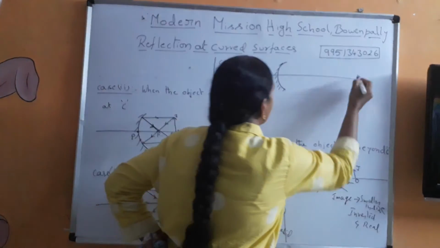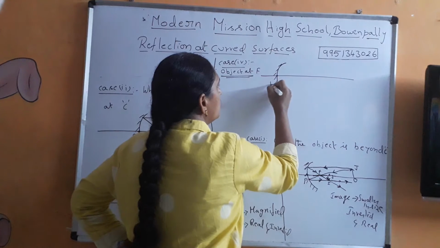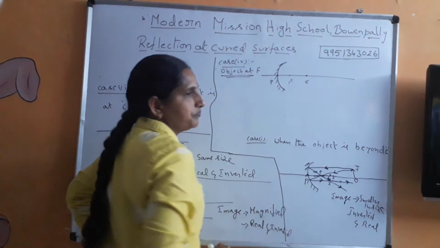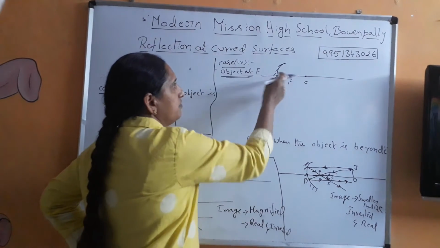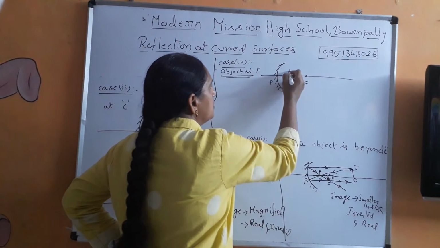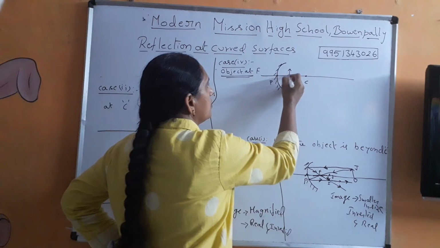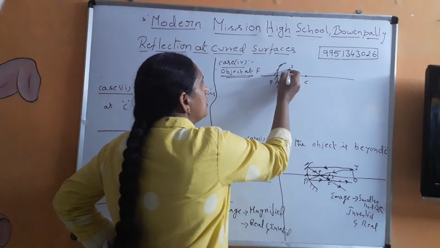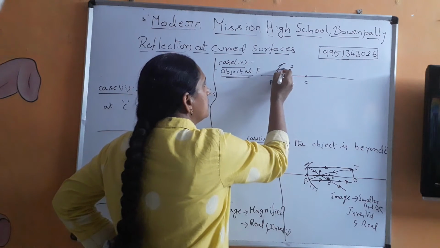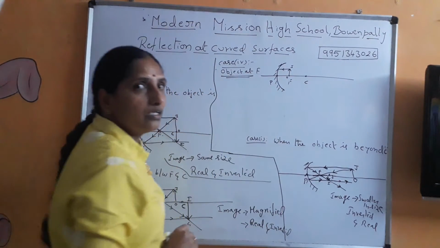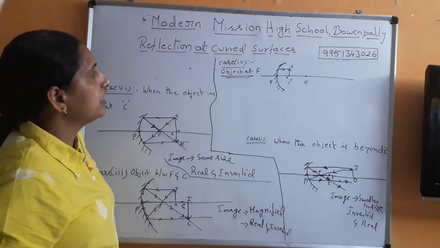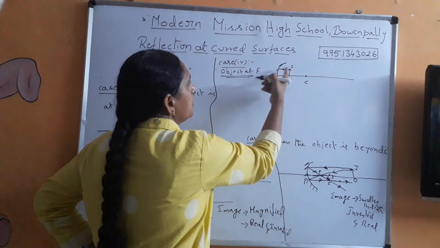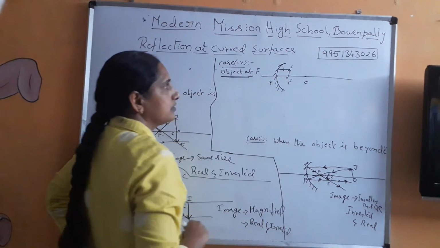Now this is the principal axis, suppose pole, F and C, center of curvature, F and pole. Now this is the object. Here you can see that one ray is falling parallel to the principal axis.